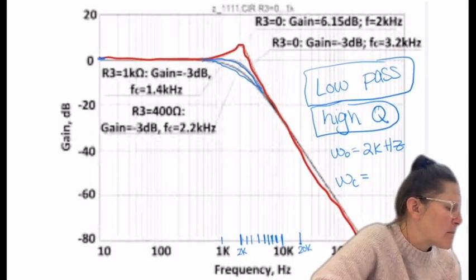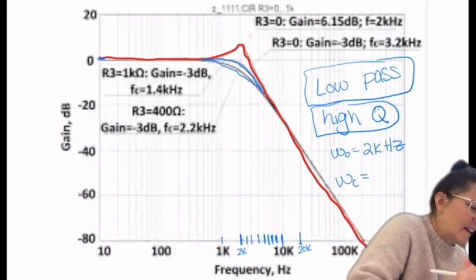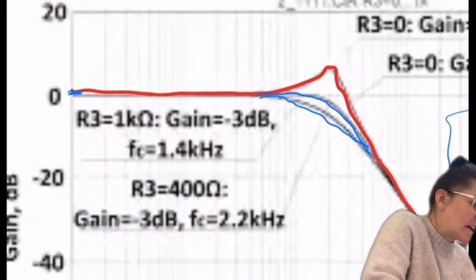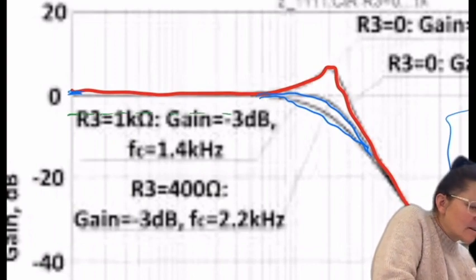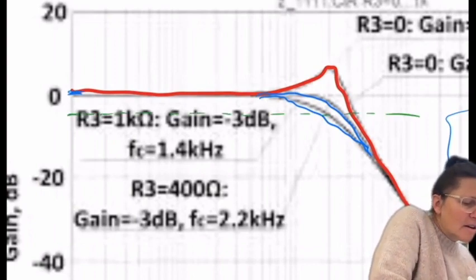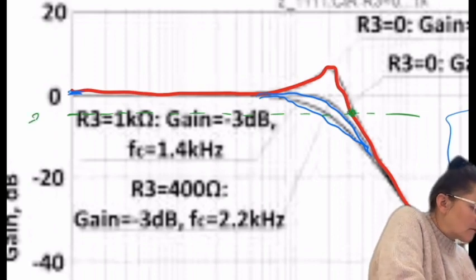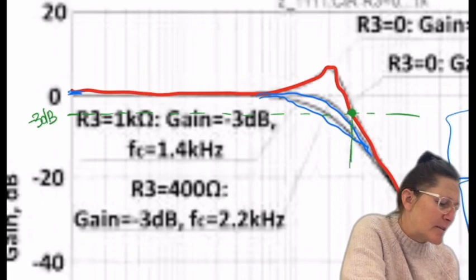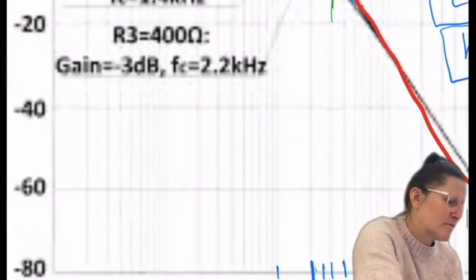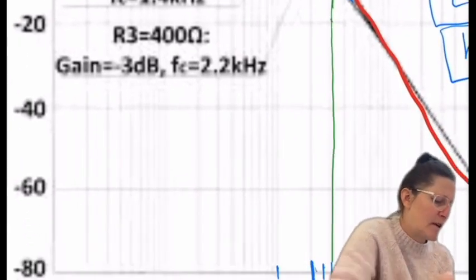And where's my omega C? Again, this is hard to read, so I'm going to make a guess. Again, I will make these much clearer if I do ask this question. So this is about minus 3 dB. So that looks about to this, it's about 3. So there.